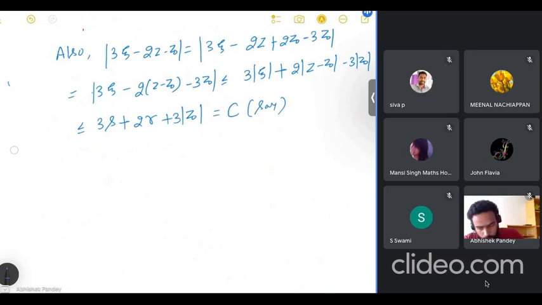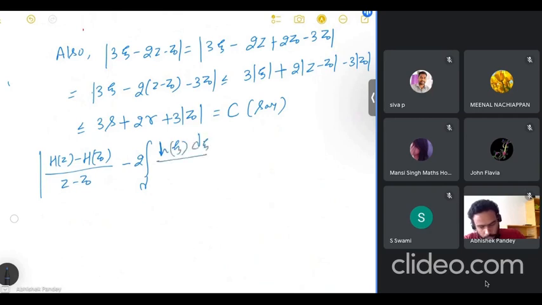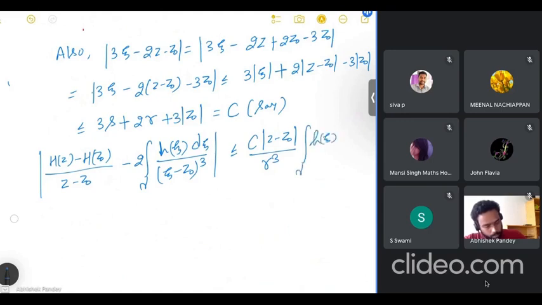So modulus of (h of z minus h of z naught upon z minus z naught minus 2 into integral over gamma of h of xi d xi upon xi minus z naught whole cube) is less than or equal to c into mod z minus z naught upon r cube integral over gamma of mod h of xi, mod d xi.